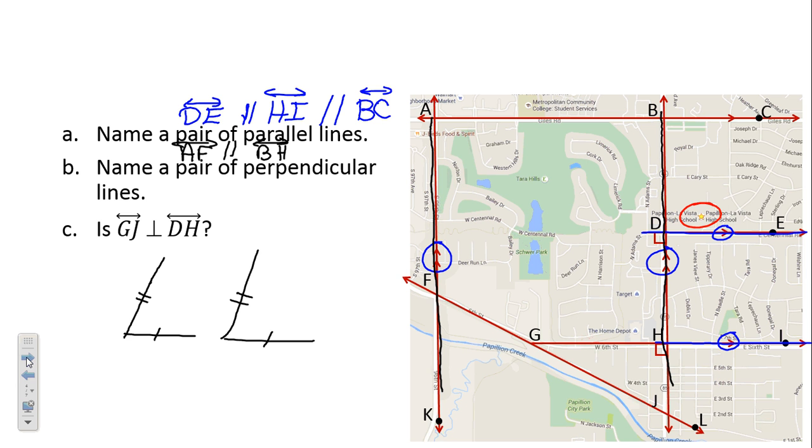What are a pair of perpendicular lines? What's our symbol for perpendicular? Dawson, can you name a pair of perpendicular lines for me? Which one? I'm sorry. GI is perpendicular to EJ. Very good.